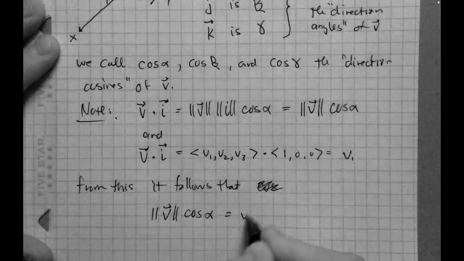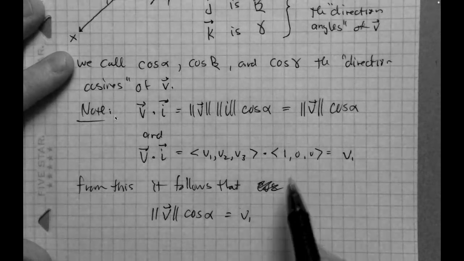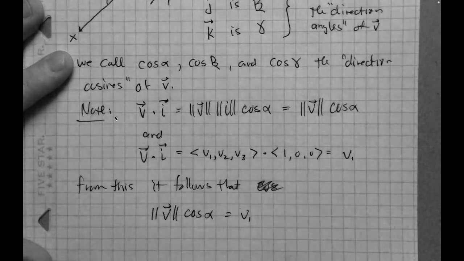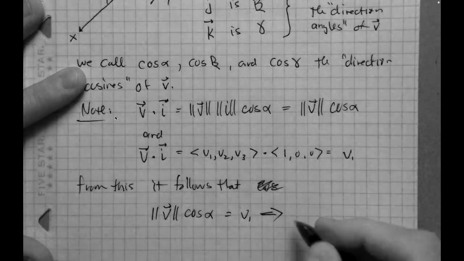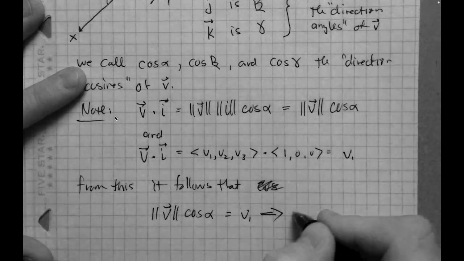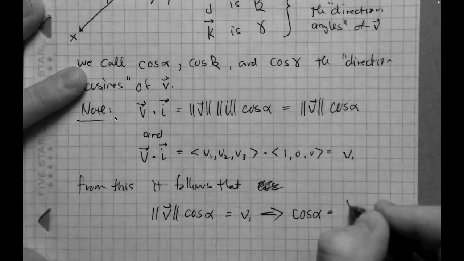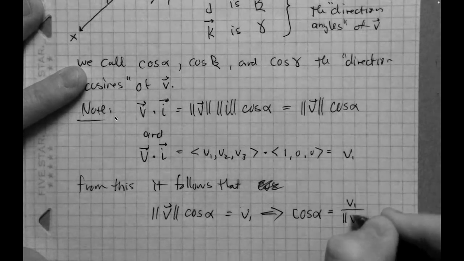That's a scalar, remember, not a vector; it's the first component of v. And so this means that the direction cosine, cosine alpha, is equal to just v1 divided by the norm of v.